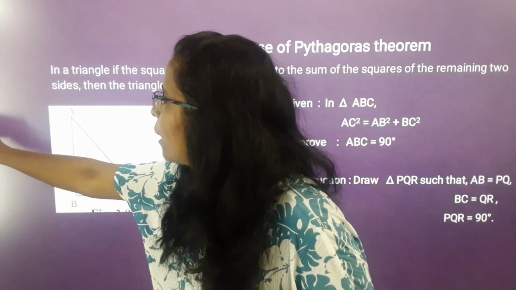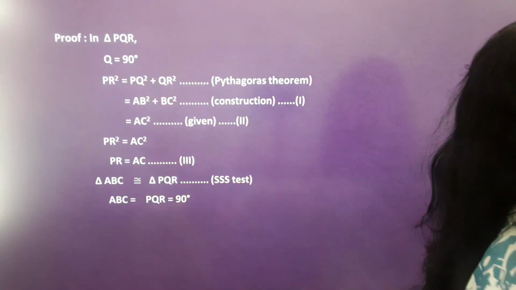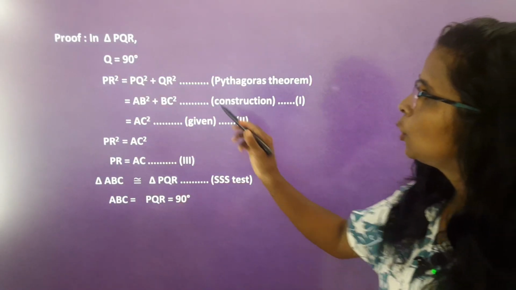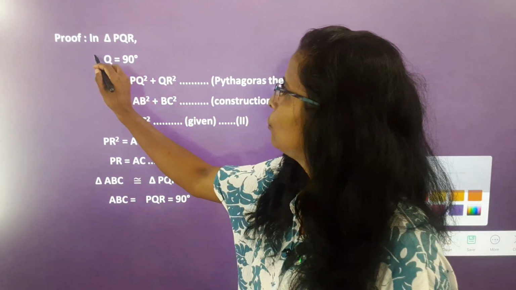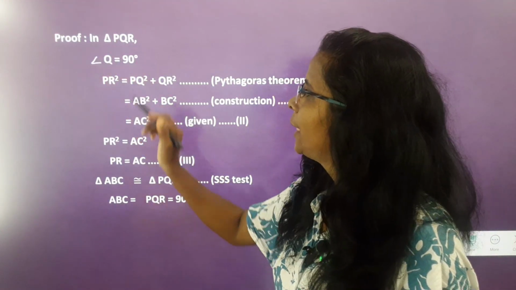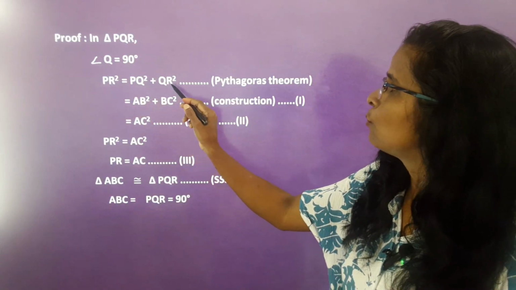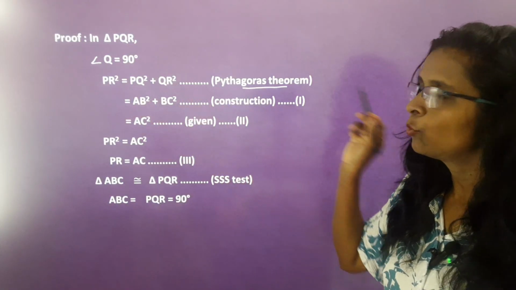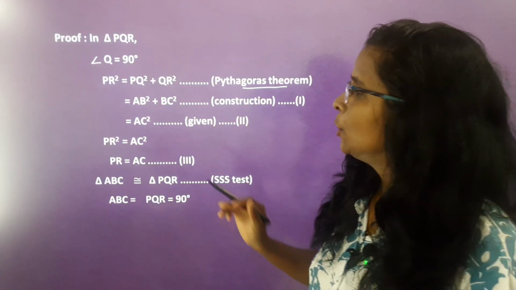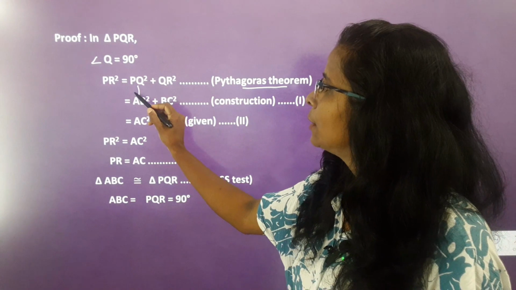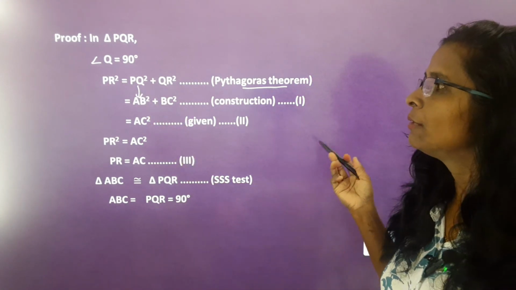Now see the proof. In triangle PQR, we can say that angle Q is equal to 90 degrees, and we have PR square is equal to PQ square plus QR square as per the Pythagoras theorem, because angle Q is 90 degrees. PQ square means AB square, because by the construction PQ is equal to AB.